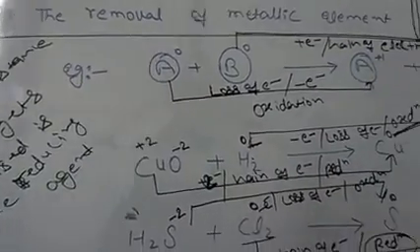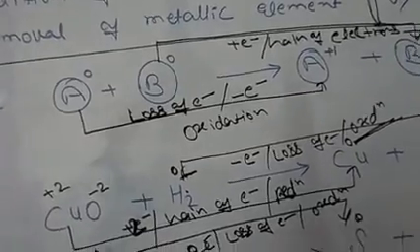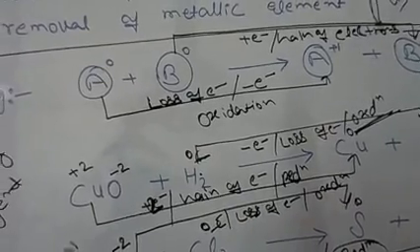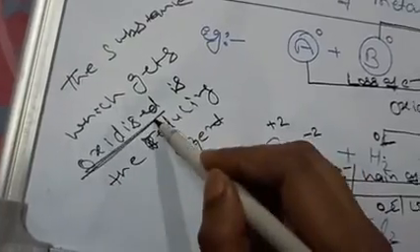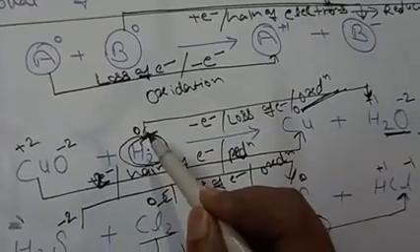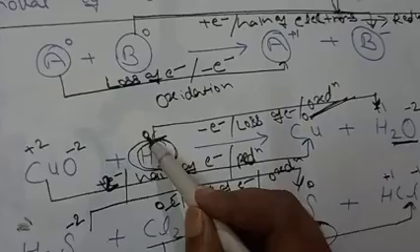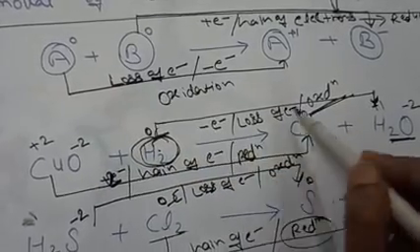Now here you can see which one is the reducing agent in this reaction. As I said, the substance which gets oxidized, here hydrogen, gets oxidized because its oxidation state is increasing from 0 to +1, and loss of electron is called oxidation.